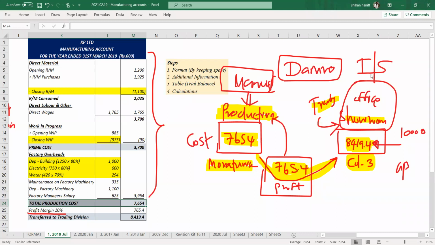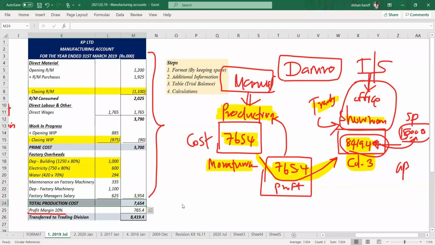Right. So in income statement, their cost is finished goods. The cost of sales will be 8,419.4. Sales value is different. This will be sold at maybe 10,000. This is the selling price. Maybe they can sell at 15,000, 20,000, any amount.